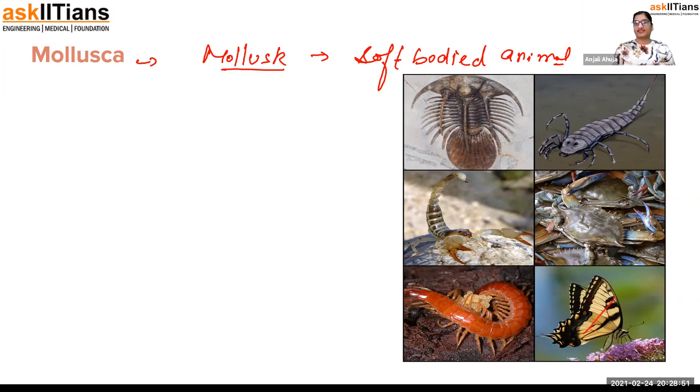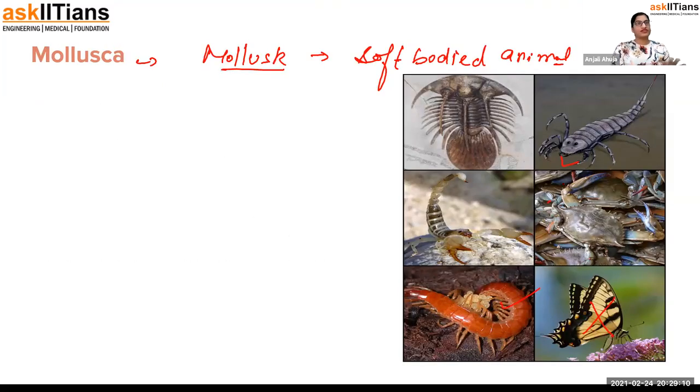The butterfly picture is not related to what I'm going to explain, because they have added echinodermata and arthropod here, since prawns are also included in arthropod. I don't see any mollusk here. Sorry guys, that's an arthropod picture.